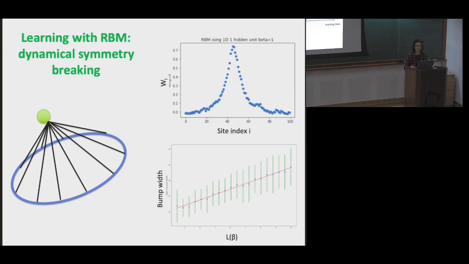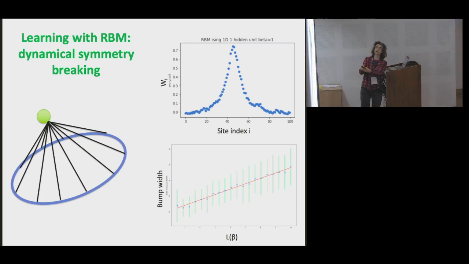And you have that this weight is focused on some sites, so on a limited portion of your ring. So it's just looking at some spins here and ignoring the others.